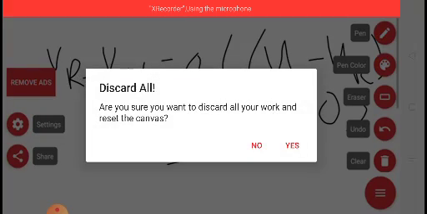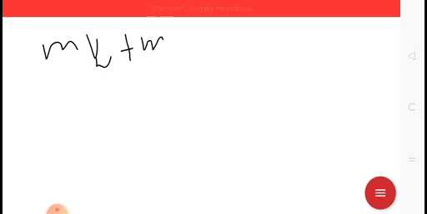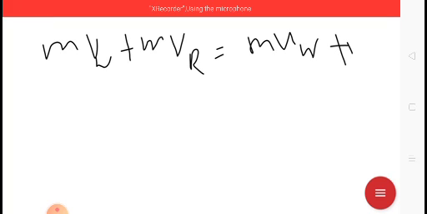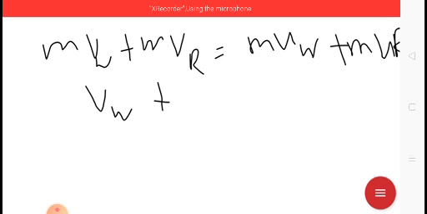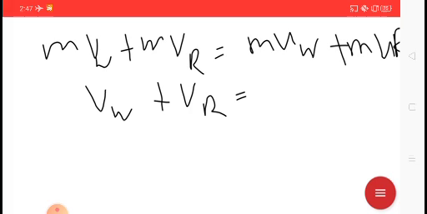Now we go through the rest. Conservation of momentum: mVW plus mVR is equal to mUW plus mUR. Simplifying and dividing by m, you have VW plus VR equal to 2.